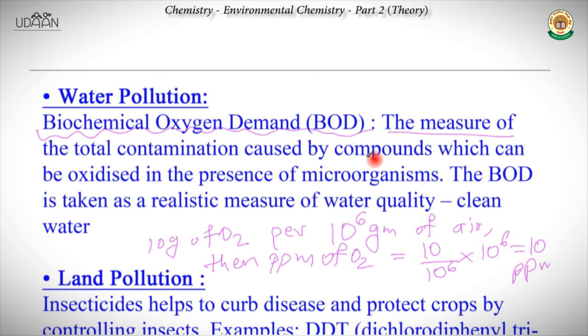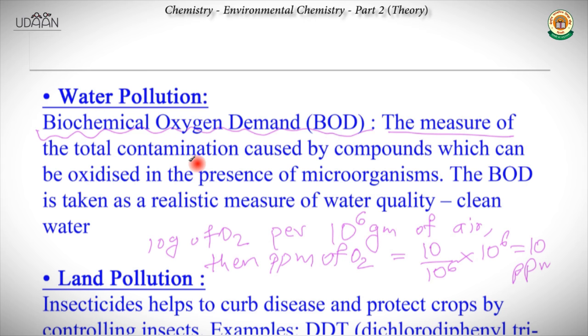So, what amount of contamination is caused? Basically, let us consider the examples of the aquatic plants and animals. Whatever amount of oxygen they require to sustain their life, the minimum oxygen required to sustain their life, that is known as biological oxygen demand.